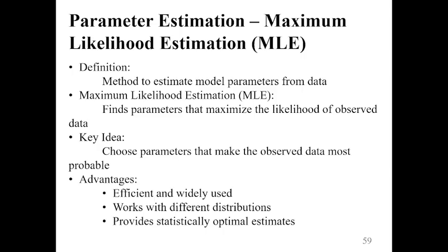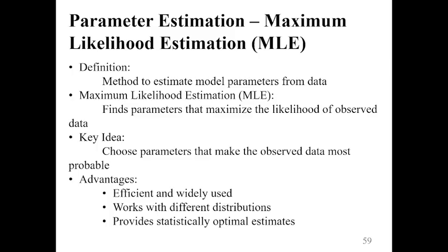In other words, it finds the parameter values that best fit the given data set according to the assumed probability distribution. Maximum likelihood estimation can be widely used because it is statistically efficient and can be applied to many different types of distributions, such as exponential and Weibull.